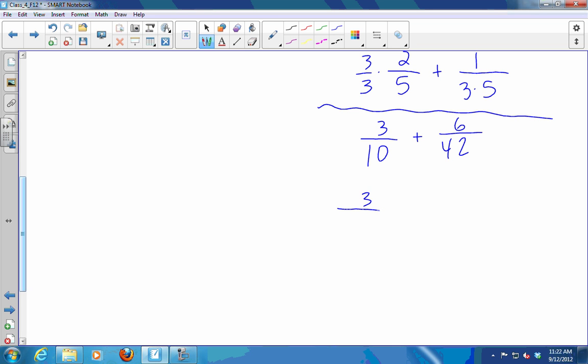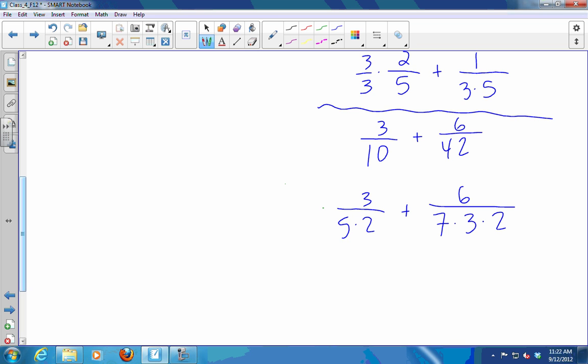So we rewrite the 10 as 5 times 2. And we rewrite the 42 as what? 6 times 7 or 3 times 2 times 7, if we write it in totally factored form, prime factorization. So to make them the same, they both already have a 2, right?